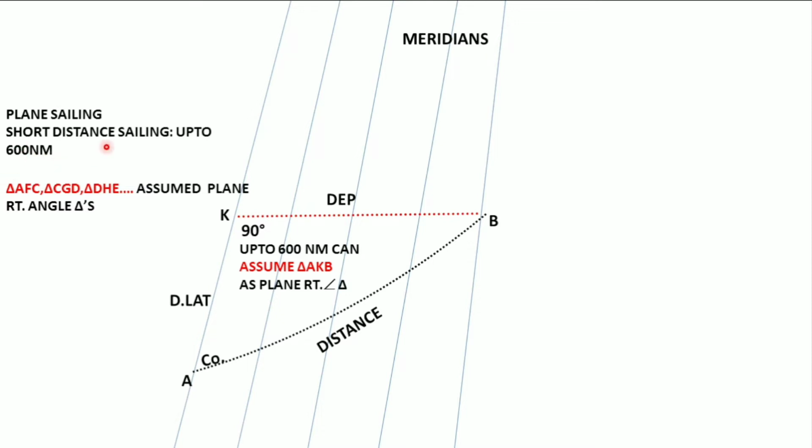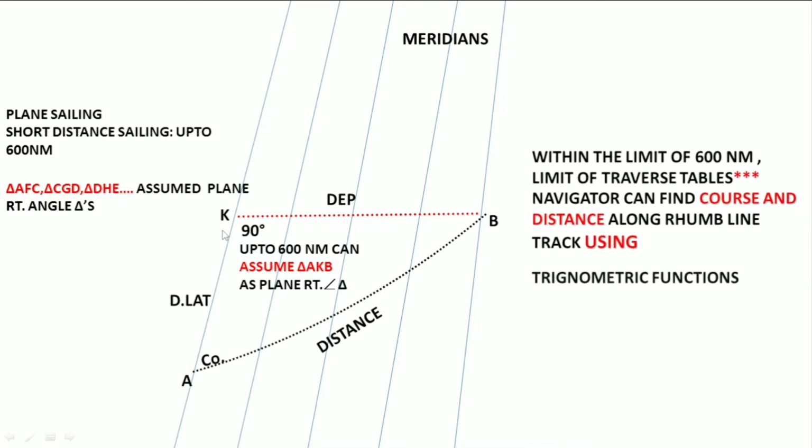So up to 600 miles, we can consider this plane triangle, and we do not incur much error. Within the limits of 600 miles, which is even the limit of traverse tables, we can find our course and distance using trigonometrical functions, as this is a right angle triangle.